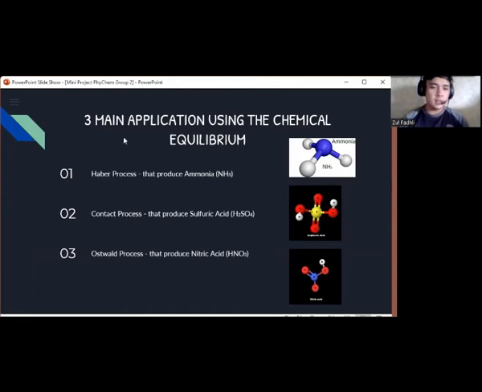The first one is the Haber process that produces ammonia, which is NH3, the second one is the contact process that produces sulfuric acid, and the third one is the Ostwald process that produces nitric acid. So this is the model compound of ammonia, and this is sulfuric acid, and the other one is nitric acid.